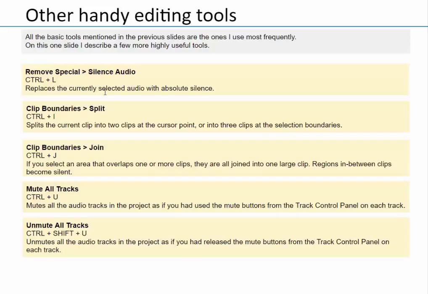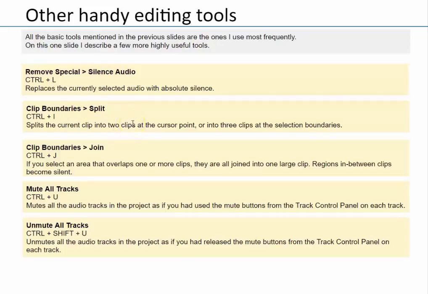The very easiest way to do it would be to select that section and then hit Control L, and it will turn that whole segment into 0 value for sound. So it'll just mute it completely, and that's really simple to do, and you might do that through various parts of the same recording. Very easy.